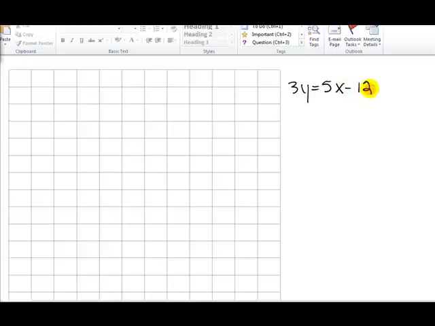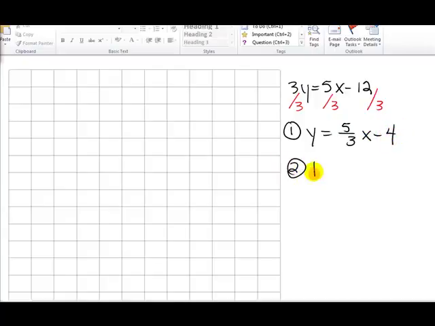So this time my equation is not in the right format, so I have to do some manipulating first. So divide by 3, divide by 3, divide by 3. So my equation is y equals 5/3 x minus 4.